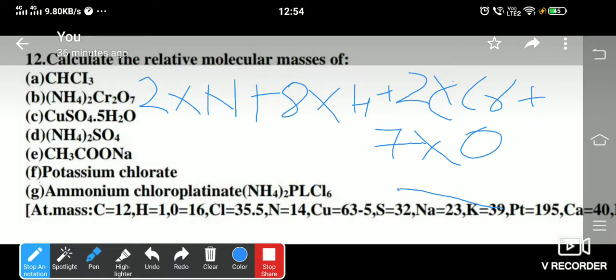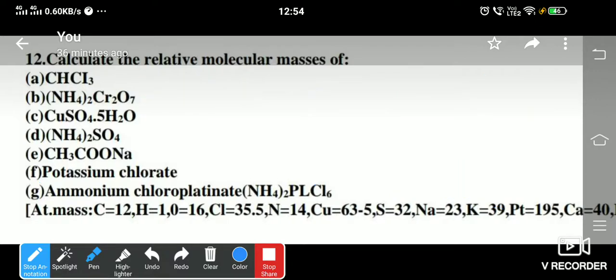Start solving it, that will really help you out. Let's see how many of you are able to complete this faster.